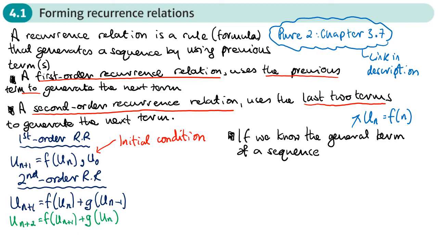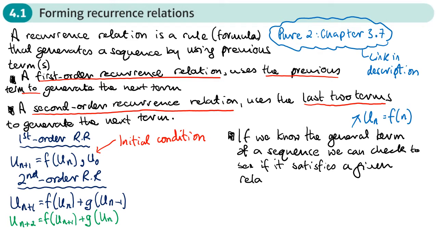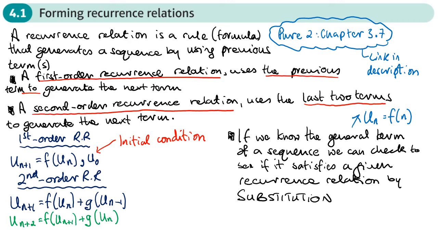Okay, so if we know the general term of a sequence, we can check to see if it satisfies a given recurrence relation by substitution. So the key bit is the substitution bit. Okay, right, let's get into some examples.